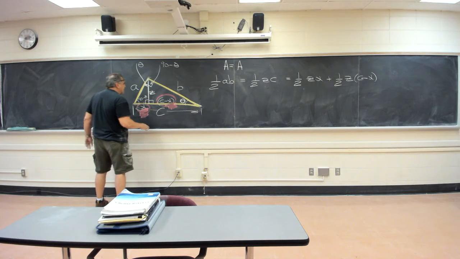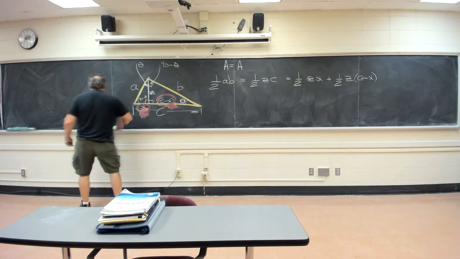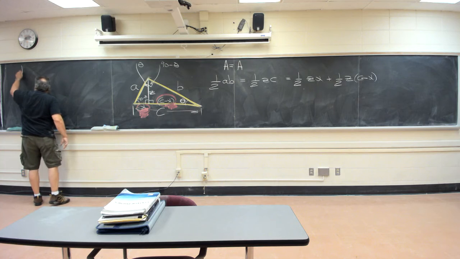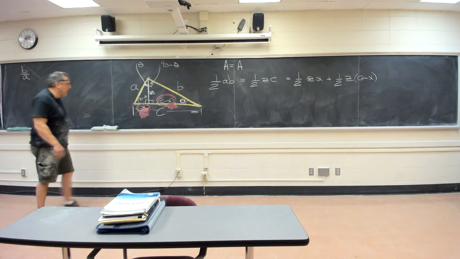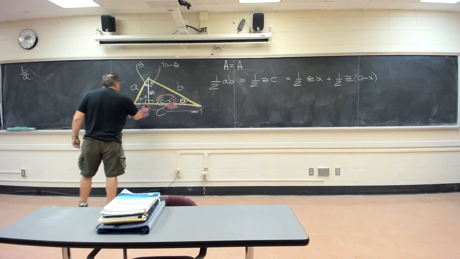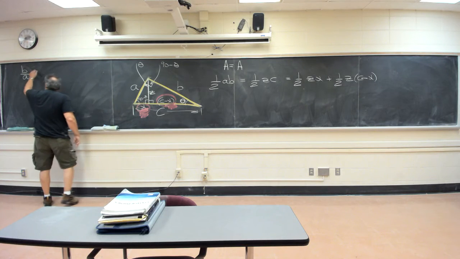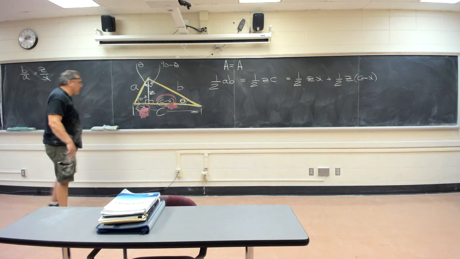The way it's set up is whatever's opposite the 90 minus theta over whatever's opposite the theta. So that's Z over X. Let's play that game a little bit.